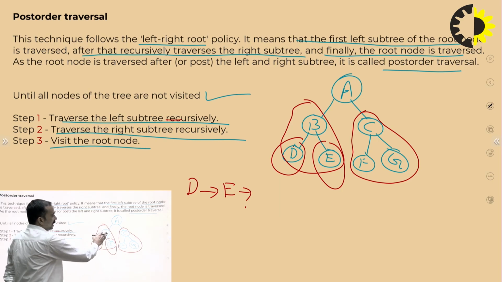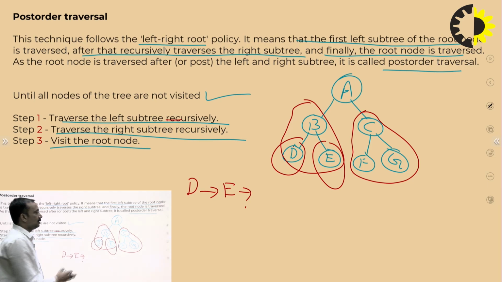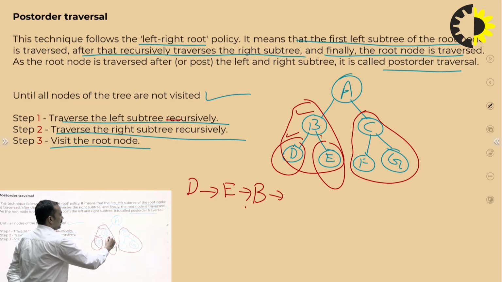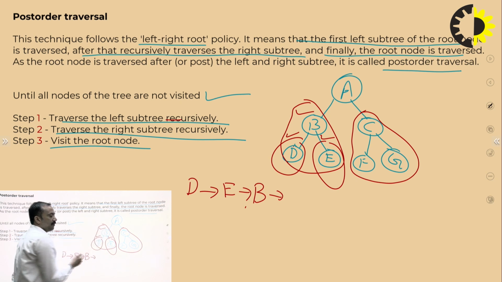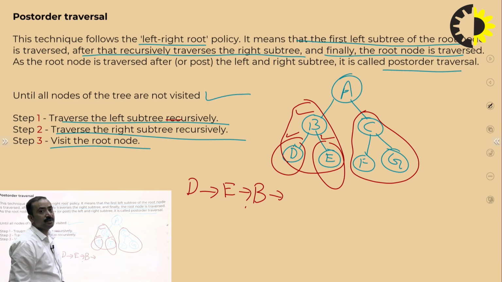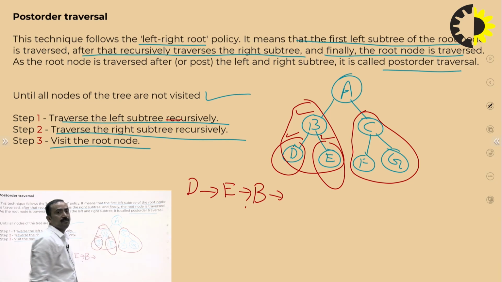The left subtree and right subtree of B are visited, so now the root is visited, so we visit node B. So we have visited D, we have visited E, and we have visited B. Again recursively back to A, the left subtree is visited, now the right subtree of A is to be visited.